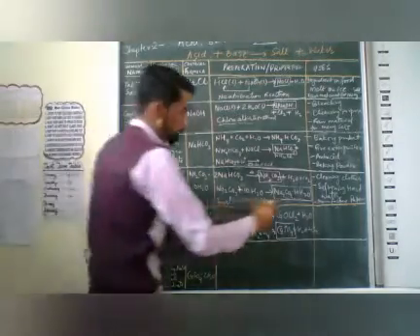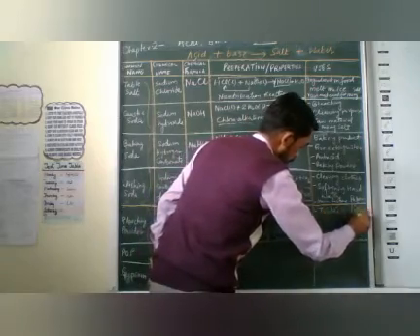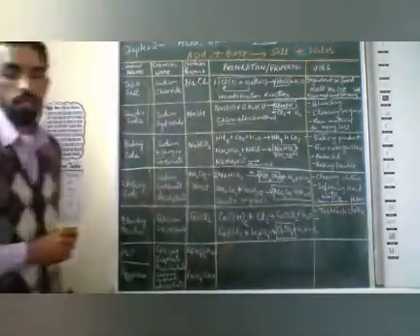Okay, so now uses of bleaching powder. Basically, bleaching powder is used in laundries to bleach clothes, and it is used to bleach cotton cloth and paper.